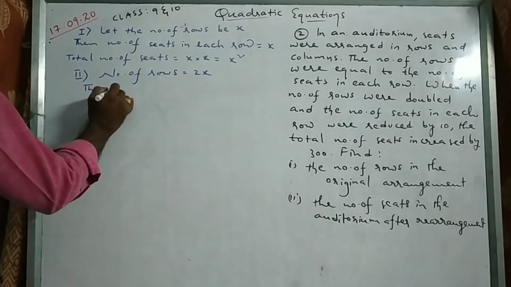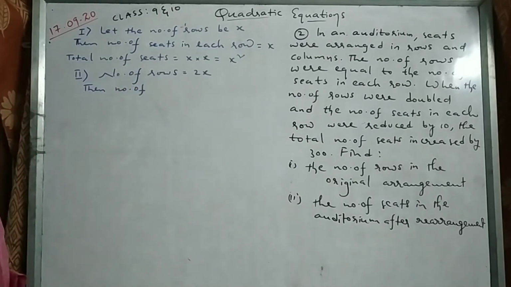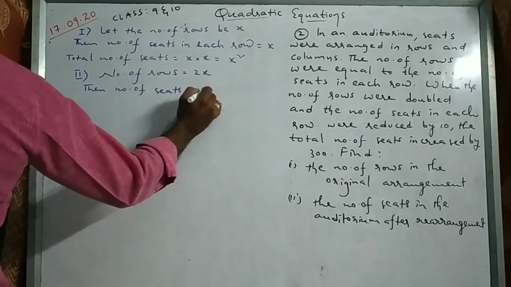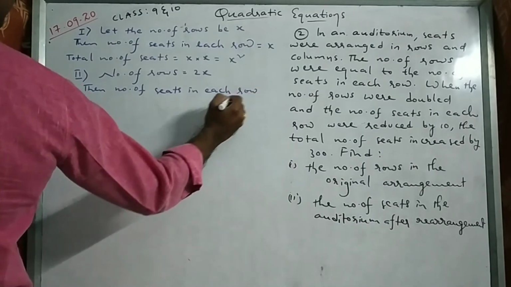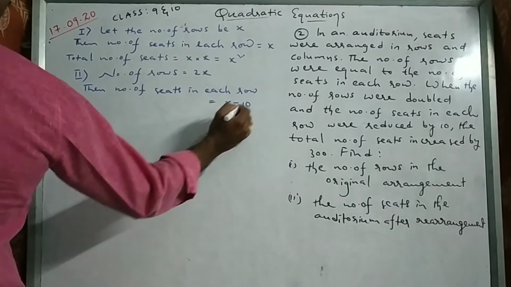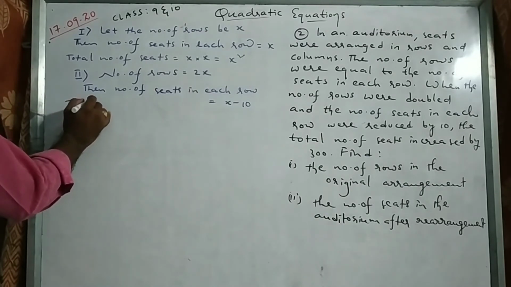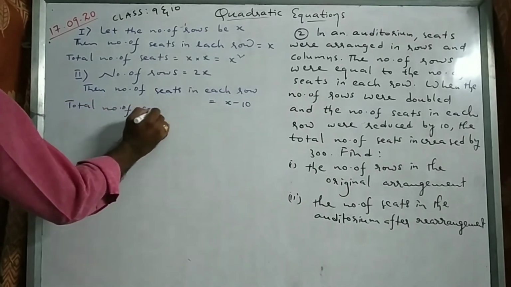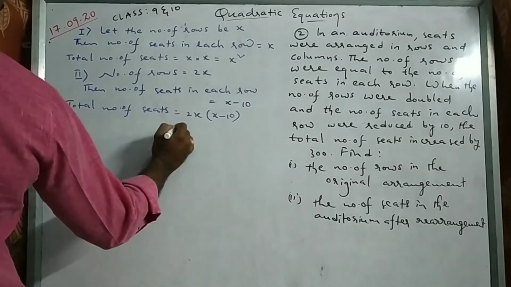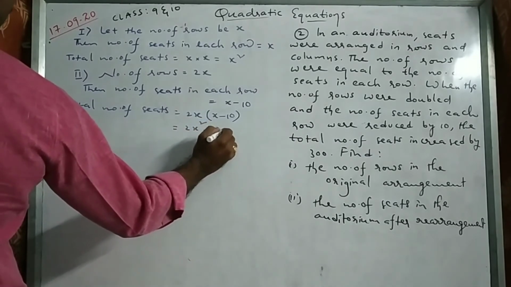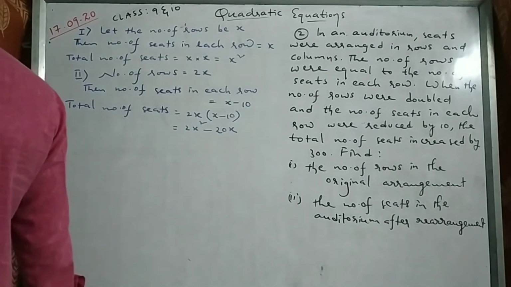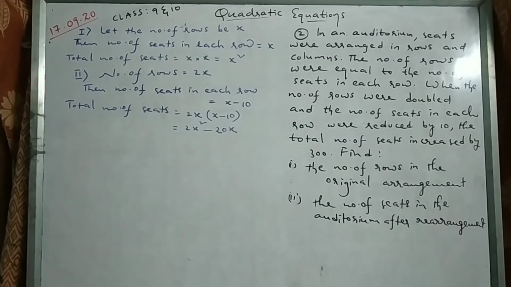Then number of seats in each row reduced by 10 means x minus 10. Now you find out total number of seats equal to 2x into x minus 10, that equal to 2x square minus 20x, right? Now what is the question here?